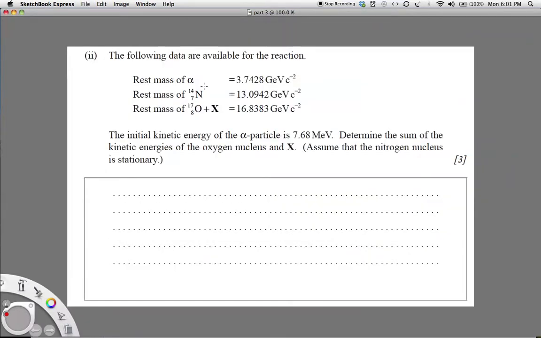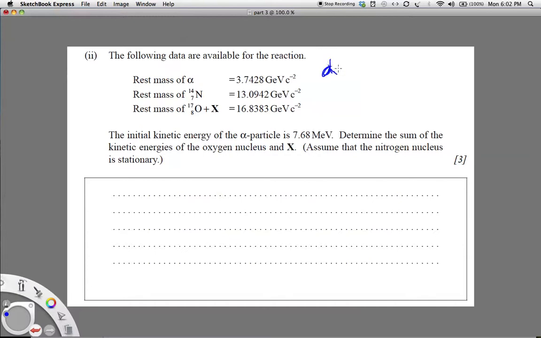Okay, this is a little bit longer. The following data are available for the reaction that was given in the last question. In that question, I had an alpha particle plus nitrogen 14 yields oxygen 17 plus X. I'm just going to write it right here.